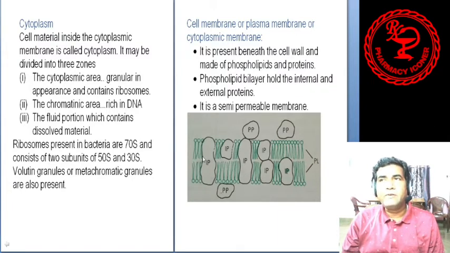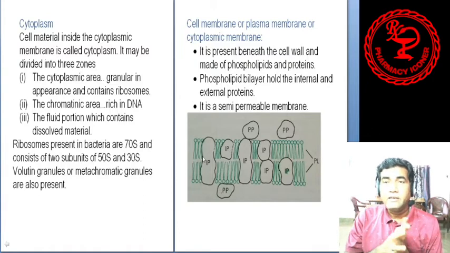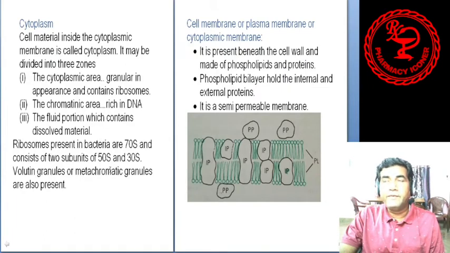In the cytoplasm, the granules, ribosomes, are 70S. Bacterial ribosomes are 70S, the sedimentation coefficient being 70S. The ribosome constitutes two subunits, a small and a large ribosomal subunit. If we determine the sedimentation constant for each subunit, the larger is 50S and the smaller is 30S.